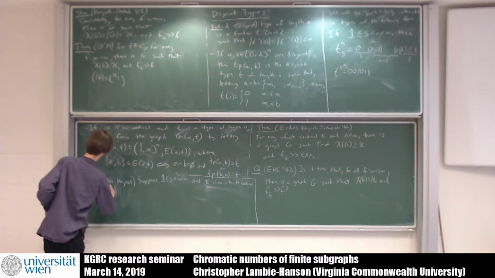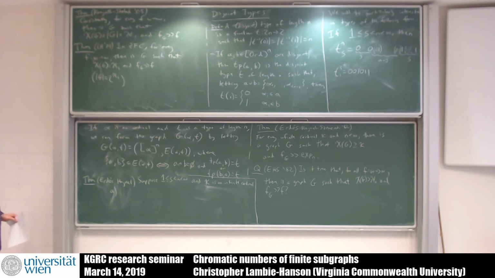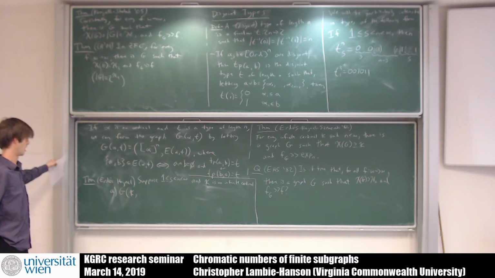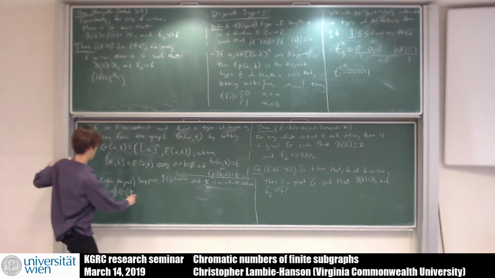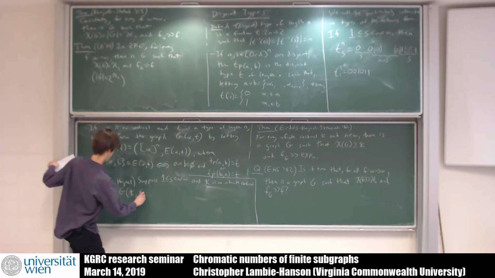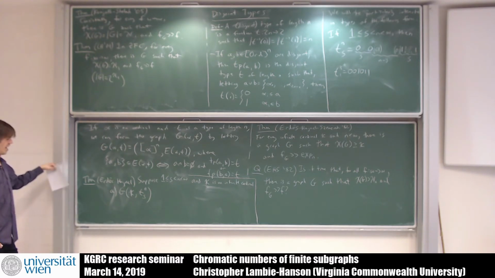Okay, we have two statements here. The first is that the graph G, whose domain will be kappa to the n, the type graph using type T n s, has chromatic number kappa.